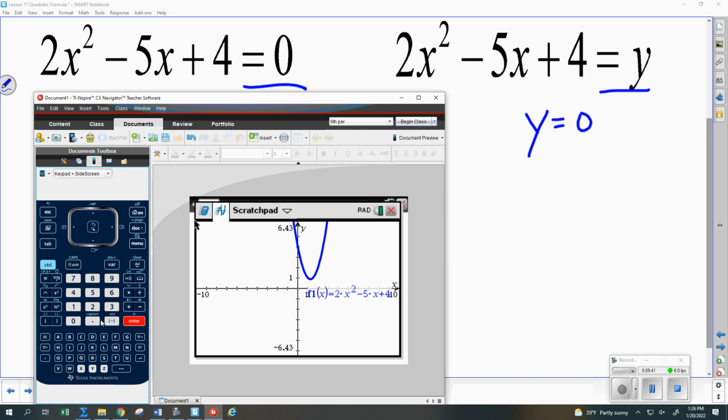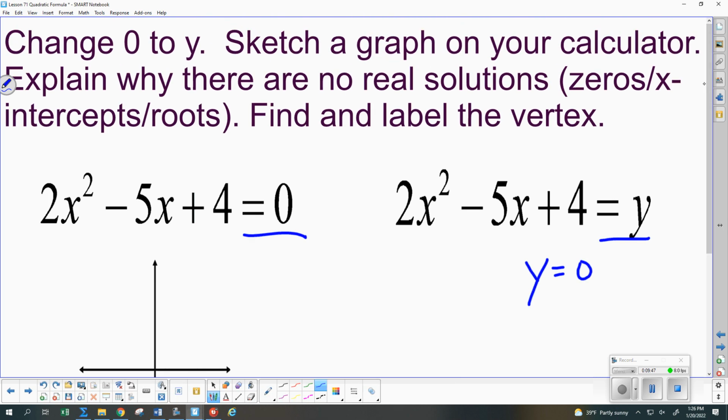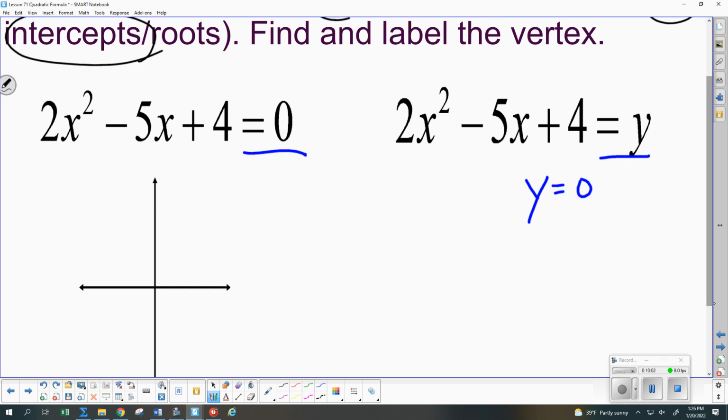Okay, now we're going to talk about a few things about this parabola. One of them is explain why there are no x intercepts on that parabola that you see on your calculator. We have a graph that looks kind of like that, and it does not cross the x-axis.